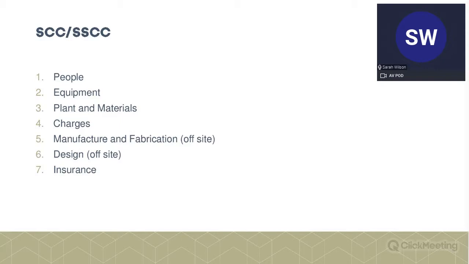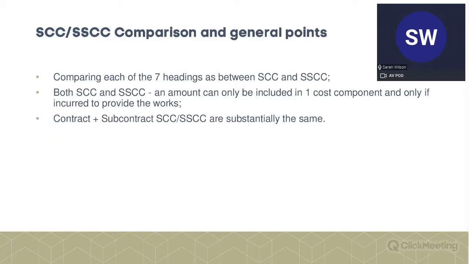So we've already looked at this. These are the 7 different sections in the schedule of cost components and the shorter schedule. But as I've already said to you, ignore that number 7, wipe it from your minds. So just a few general points before we start to look at each one. What we're going to do is look at each of the 7 headings in detail and do a comparison as to what the schedule of cost components provides, and what the shorter schedule provides.